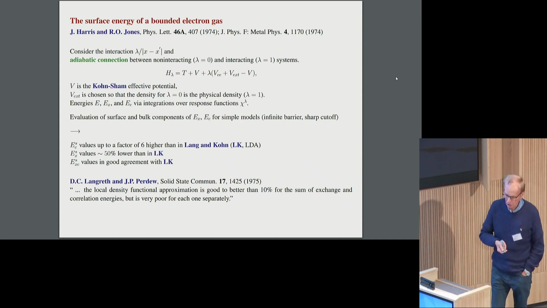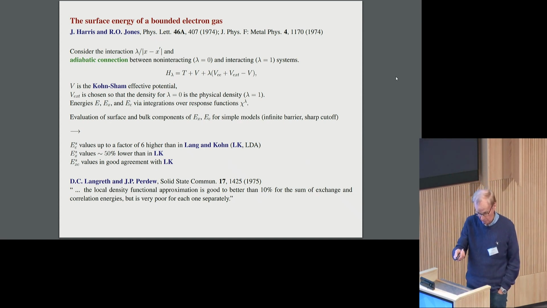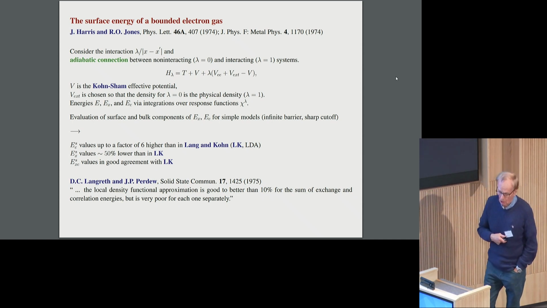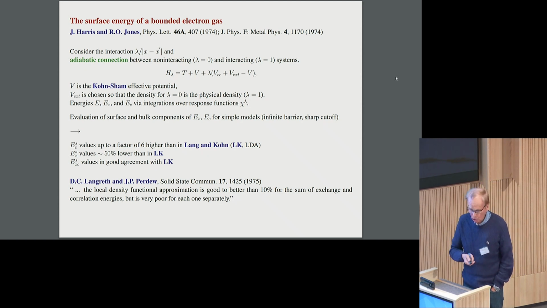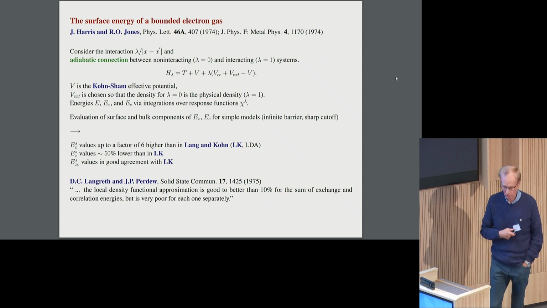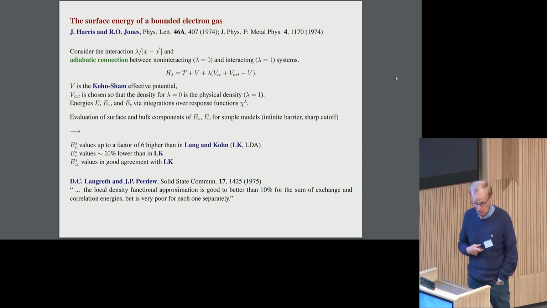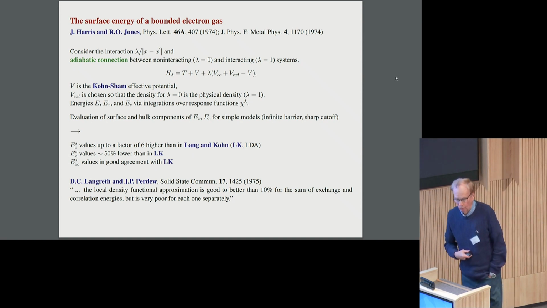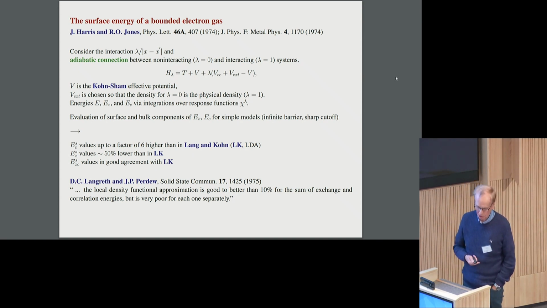We chose an effective potential that made sure that the non-interacting density and the interacting density were identical. You can evaluate then the bulk and surface components of the energy, the exchange and the correlation energy, via integrations over response functions of this system. This can't be done easily at all.